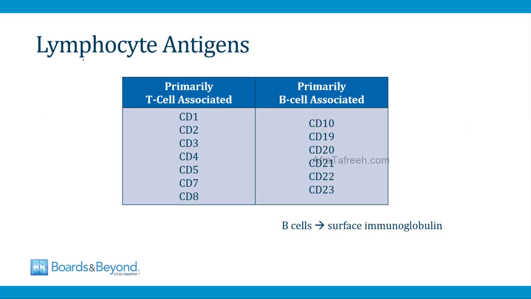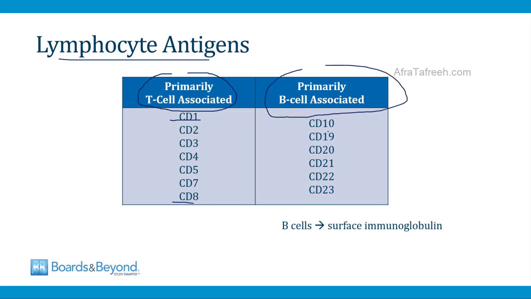Lymphomas can arise from B cells and T cells, and so the malignant cells in lymphoma are often characterized by their surface antigens, and it's easier to understand how this is done if you know what the normal lymphocyte antigens are that are found on T cells and B cells. Normally on T cells, the antigens you find on the surface have low numbers like CD1 through CD8. In contrast, B cells usually have surface antigens with higher numbers.